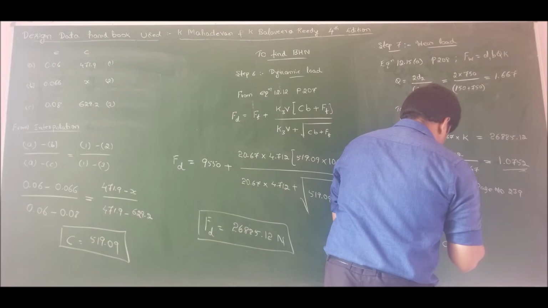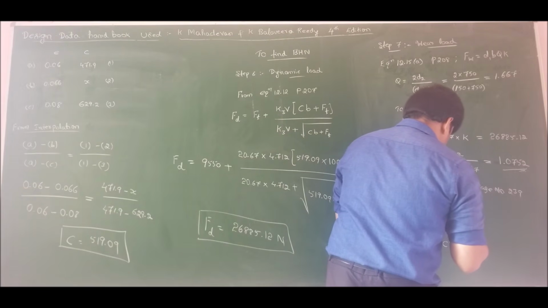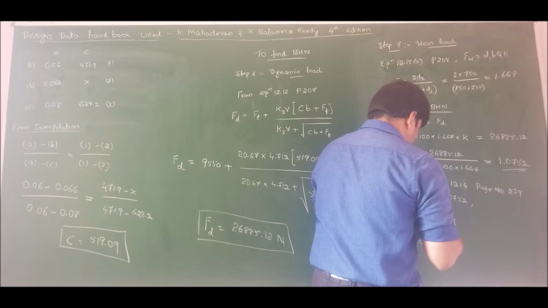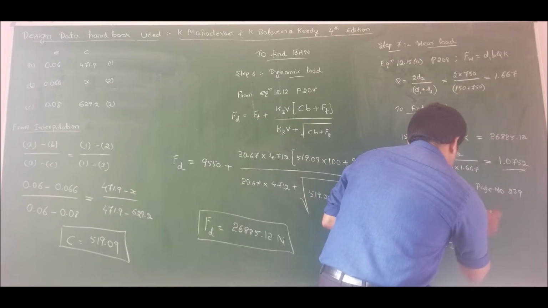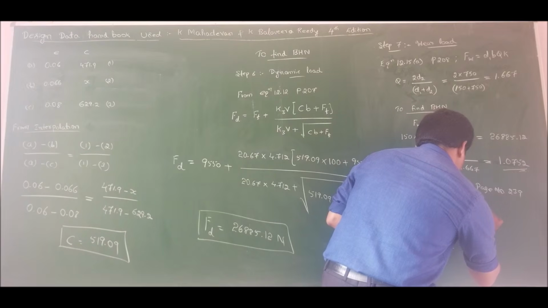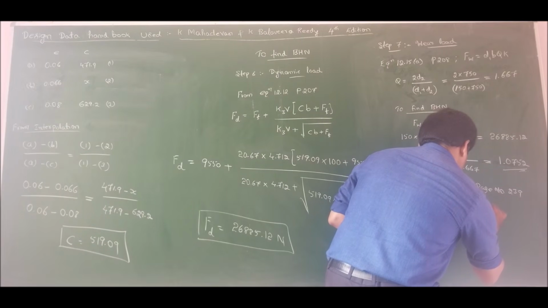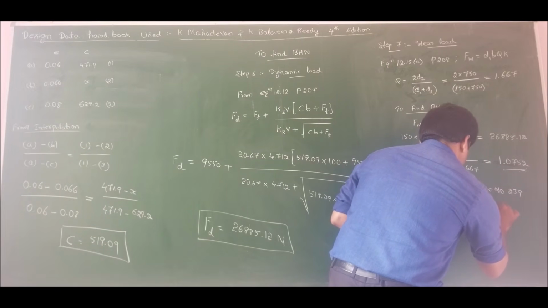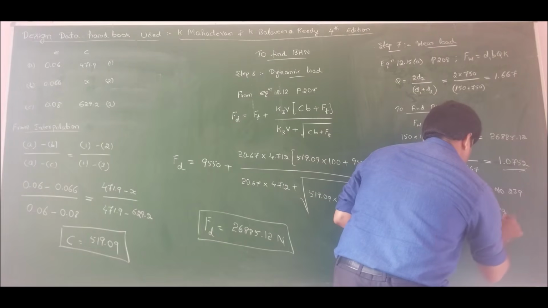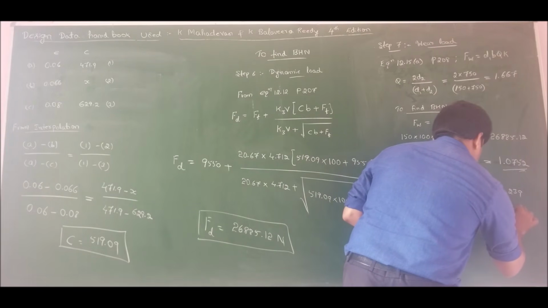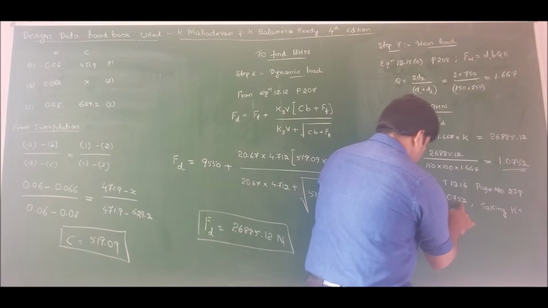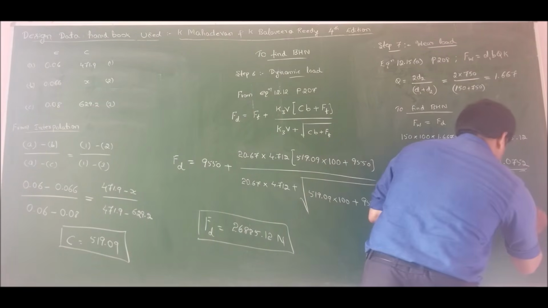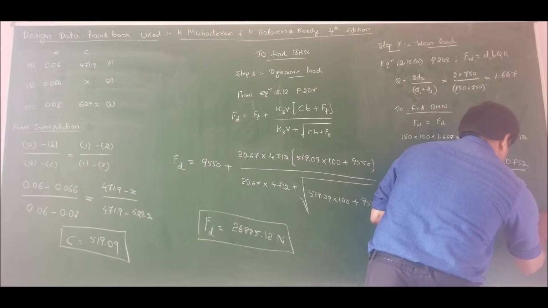For the value of K as 1.0752, we adopt the next higher value, K equal to 1.344.